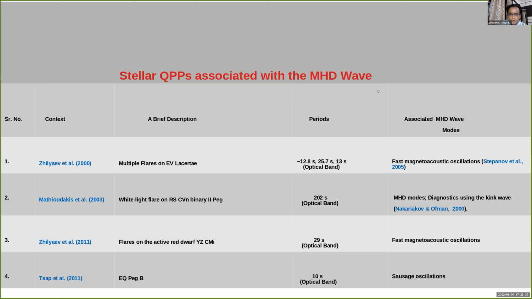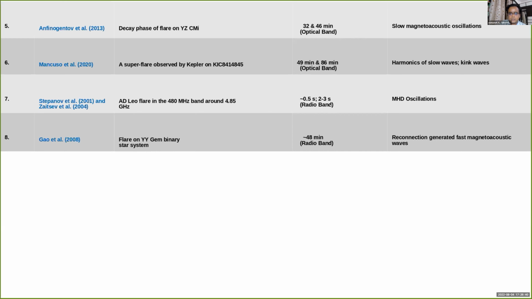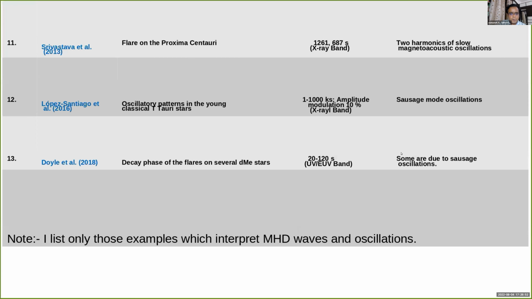So you can quickly see that there are plenty of works related to QPPs in different bands like optical bands and many other bands, radio bands and so on. Basically, they are reporting multiple periods and single periods, from the shorter period duration to the longer period duration, and they are interpreted in terms of various MHD oscillations. You can see all these lists. So it is only where the MHD waves and oscillations are considered as a viable interpretation.